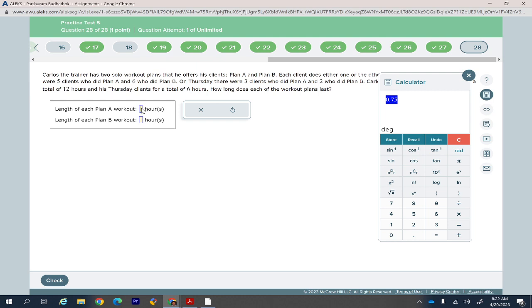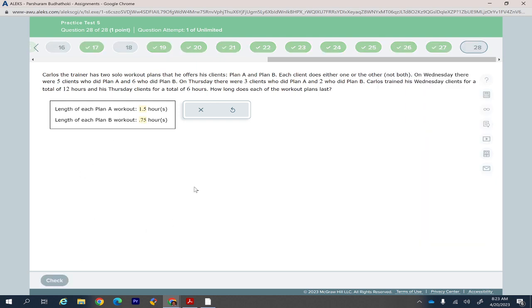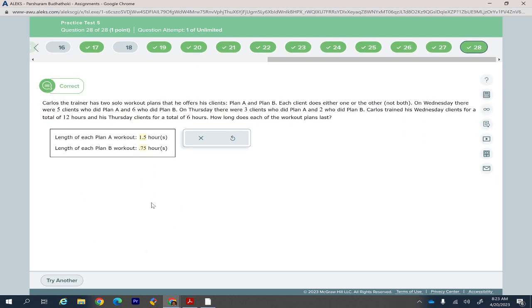So for plan A, the answer is 1.5 hours. For plan B, it's 0.75 hours. So these are the values for x and y. So you can always solve this type of problem by changing the problem into a system of equations. Okay.